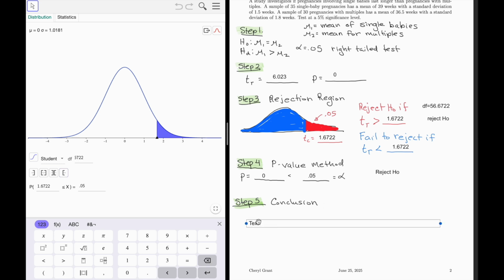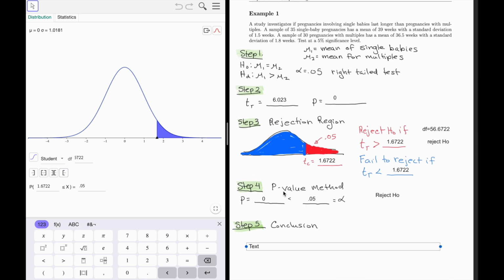So now when we write our conclusion, let's wrap our mind around what we're saying. Since we're rejecting H0, that means there is enough evidence to suggest that mu1 might be bigger than mu2.